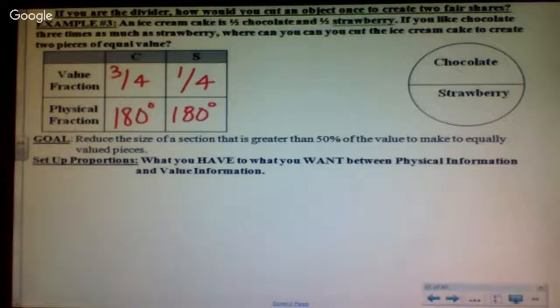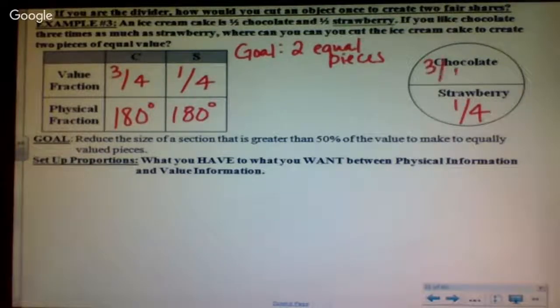Okay, so your goal is to create 2 equal pieces. Currently, right now, what I have is a piece that's worth 1/4. This strawberry half is worth 1/4. My chocolate half is worth 3/4.